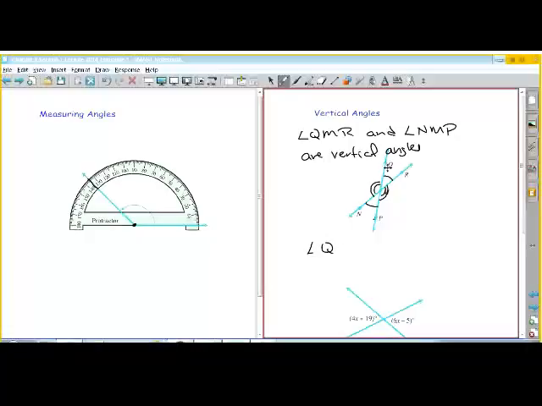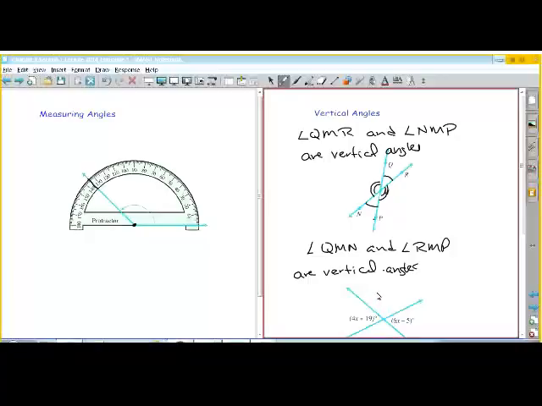Also, you can look at these other two. You've got angle QMN, and the angle on the other side is RMP, are vertical angles. So when you have two lines that intersect, you have two angles that are opposite each other, and those are equal to each other. And you have two other angles that are opposite each other, and those are equal to each other. And those angles are called vertical angles.